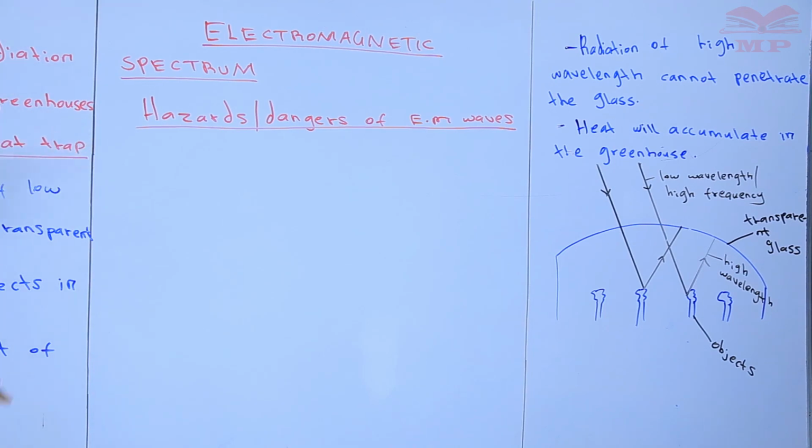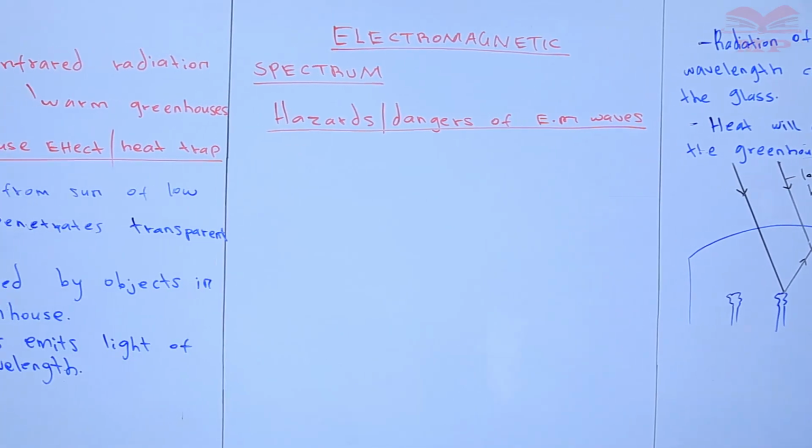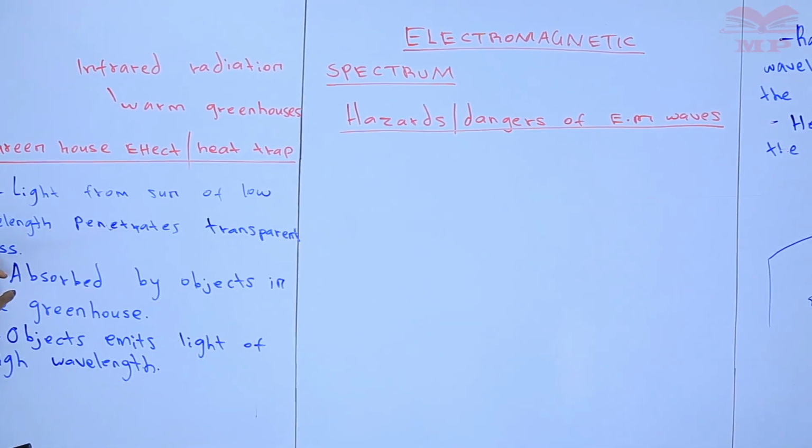So this radiation that we are talking about is the infrared radiation, because we say that one of the major sources of the infrared radiation is the sun.